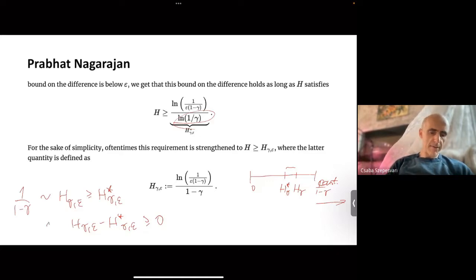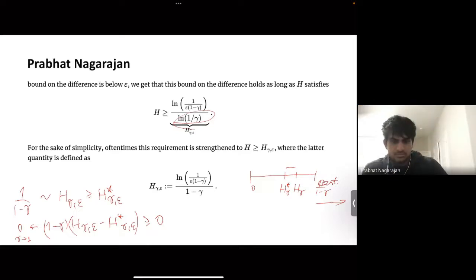If you multiply this difference with 1 minus gamma, it's lower bounded by 0, and you can also show that it goes to 0 as gamma goes to 1. So in a way, relative to the size of the interval, the difference between the two is vanishing. Thank you.